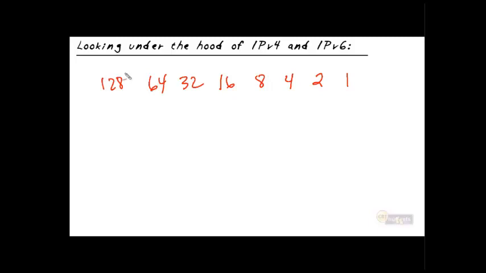Fabulous. So the next thing we're going to do is convert the number 255, which is in decimal, and I want to find out what the binary equivalent of it is. You ready? Okay, so let's do this together. 128, does it go into 255? Yes or no? And the answer is yes, it does. What's the remainder? Now, there's a couple of ways of doing this. You could use a calculator, I suppose, or you could do it longhand.